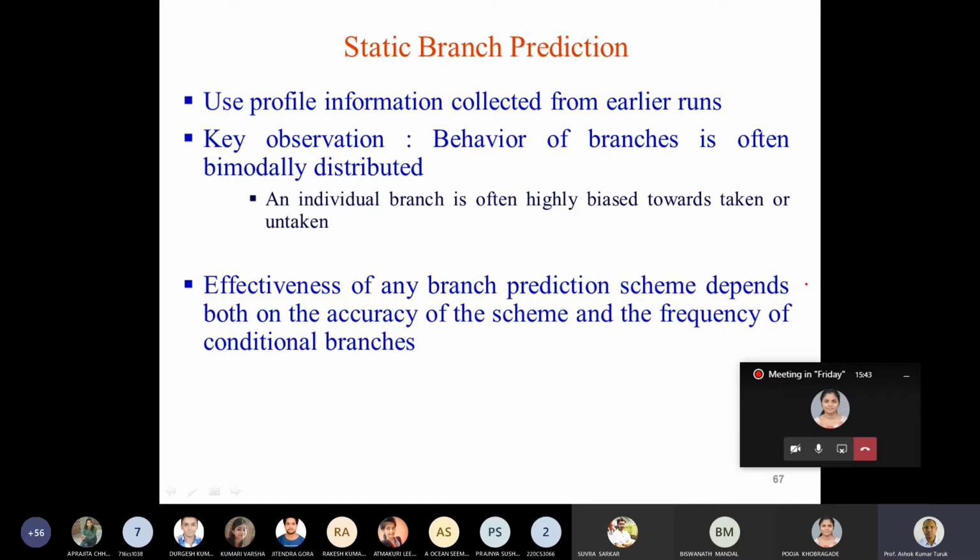So it all depends upon the accuracy of the predictions, because you have to pay a penalty. If the prediction goes wrong, then you need to pay a penalty, and if your prediction is correct, then you are not going to pay any penalty.